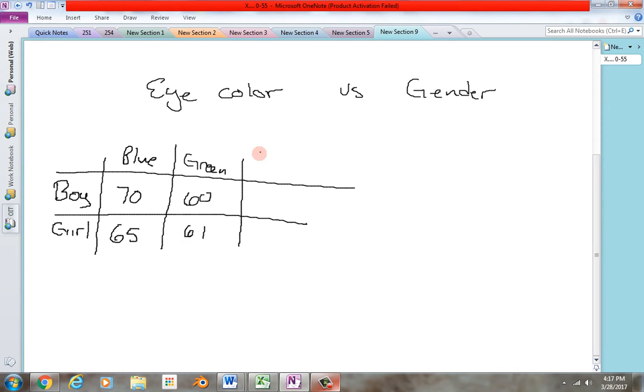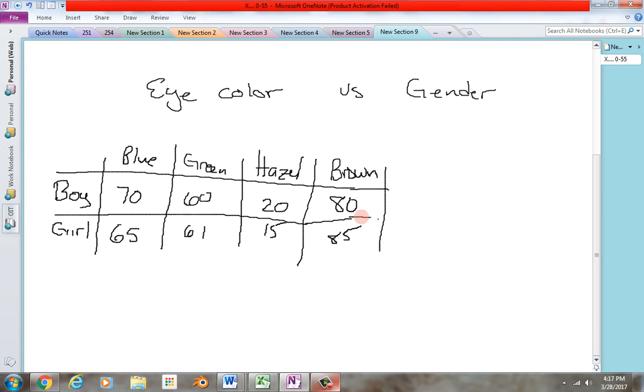And for the hazel, I saw, I don't know, 20 and 15. And for the brown eyes, I'm going to assume this is only the kind of eyes I can find out there. Maybe somebody else will say, well, I have multicolor, and I have red eyes. You should get those fixed. But I don't really know other than that.